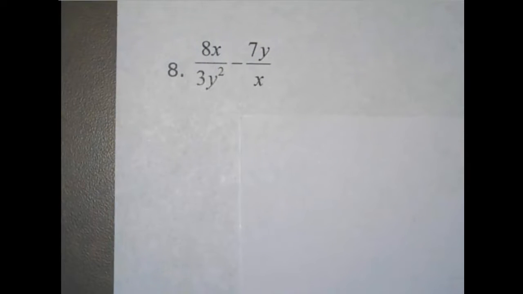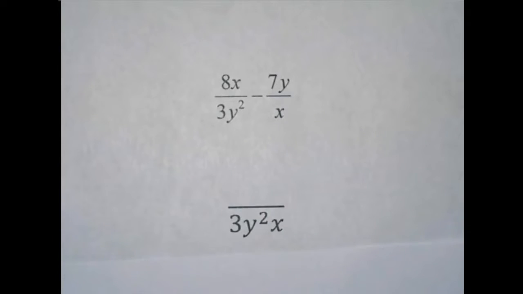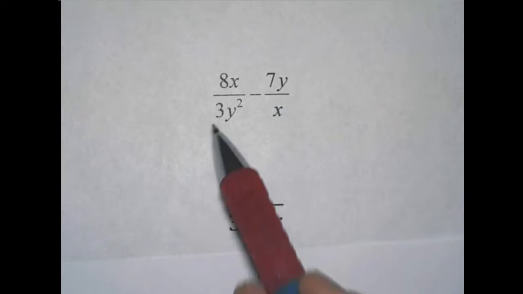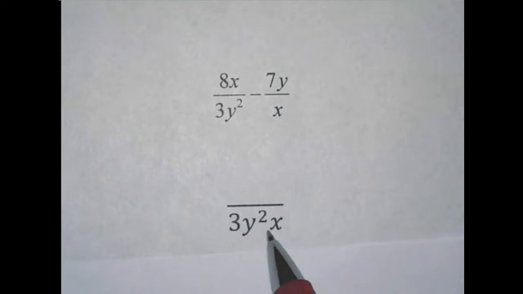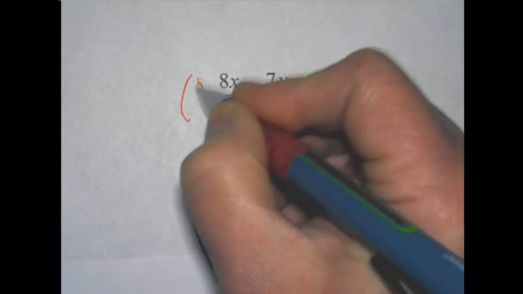To subtract, I have to find the common denominator. My common denominator is going to have a 3y squared in it, and it's also going to have an x. It's going to have all of the original denominators here. And so to make this denominator match that denominator, I have to multiply this fraction.